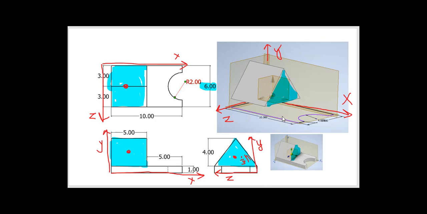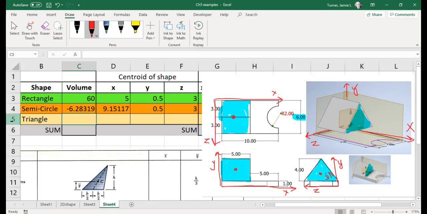The triangle is floating above the rectangle, right? So it's not just 1/3 h. We have to add the height of the rectangle and then 1/3 of the height of the triangle, which is 4 in this case. So this is going to be 1 plus 4 over 3.